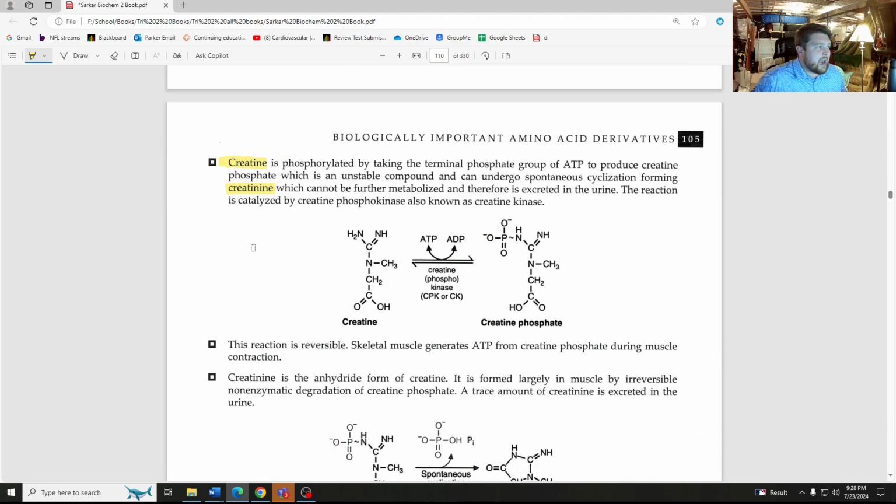The reaction is catalyzed by creatine phosphokinase, also known as creatine kinase. So there's our enzyme. Creatinine is one of our end products, kind of our leftovers after we use the creatine.